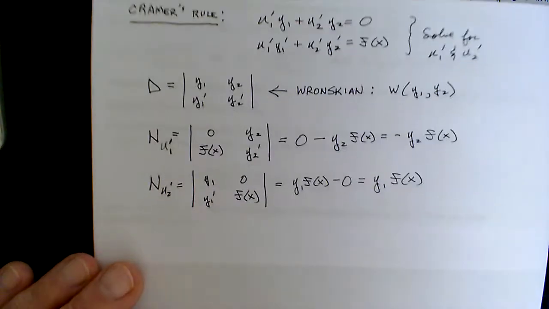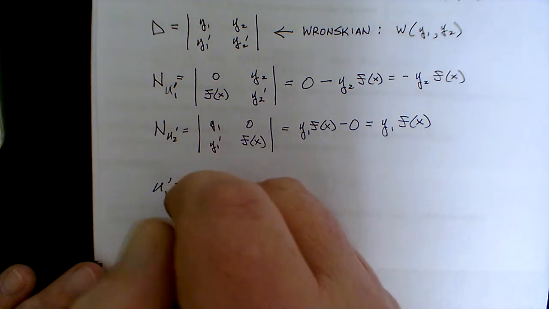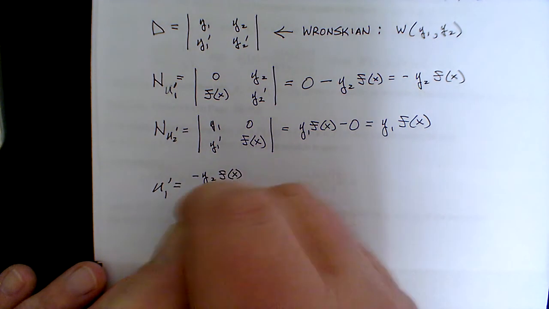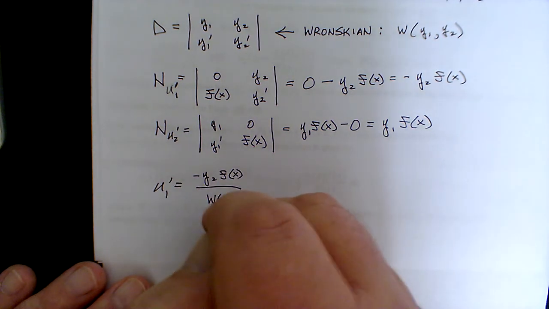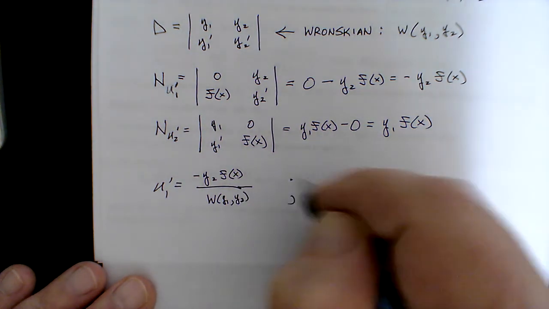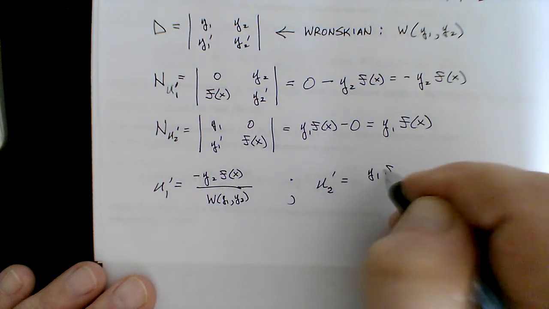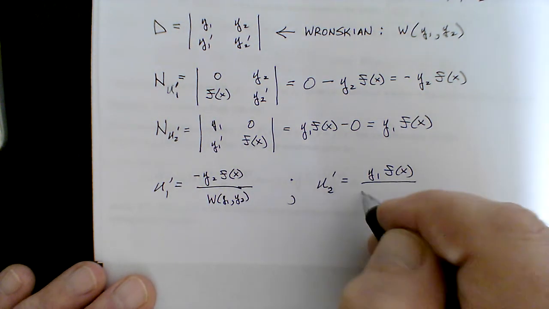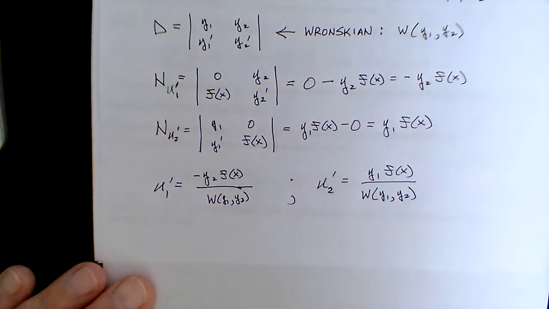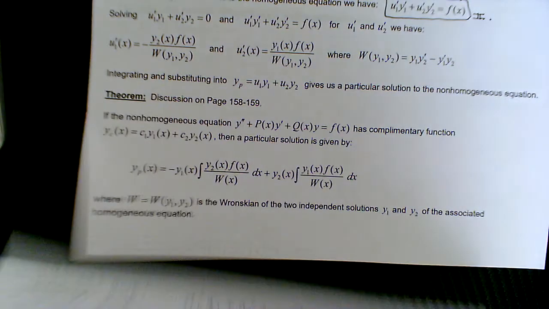Okay, and so then we get that u1 prime is the numerator minus y2 f of x over the Wronskian of y1, y2, that was the denominator, and that u2 prime is y1 f of x over the Wronskian of y1 and y2 again. Okay, and so if we look at where we were at, that's exactly what we have.